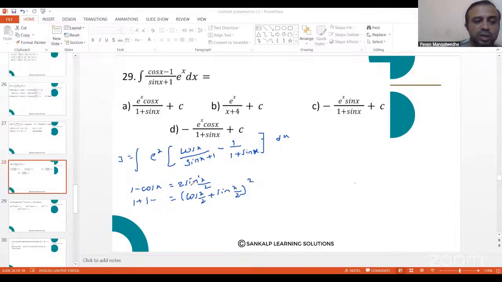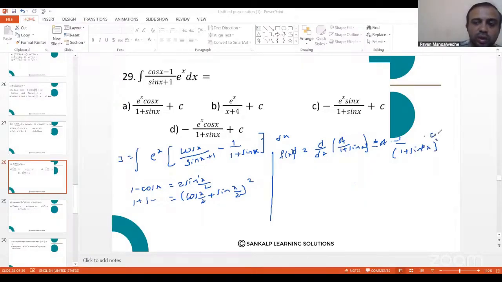So using this condition, when we integrate this, treat f of x as d by dx of a upon 1 plus sin x, which is a into minus 1 upon (1 plus sin x) the whole square into cos x.